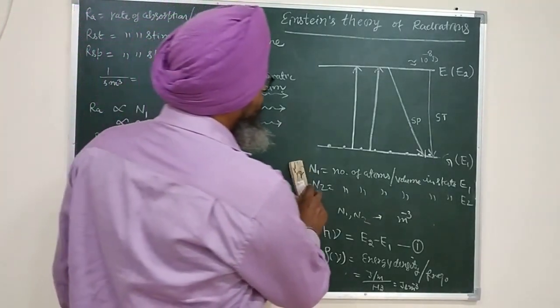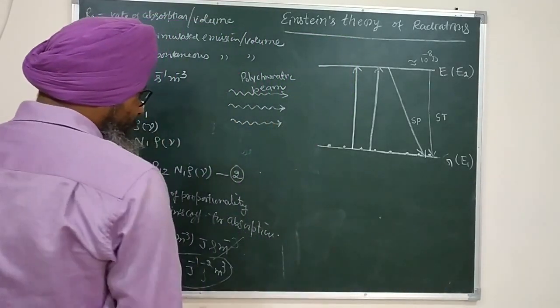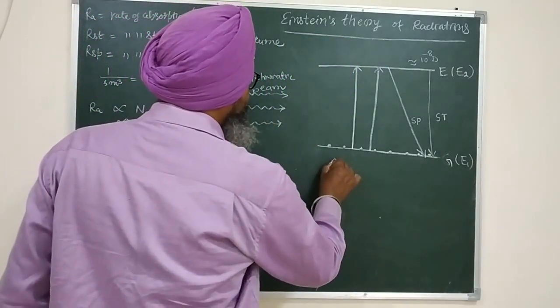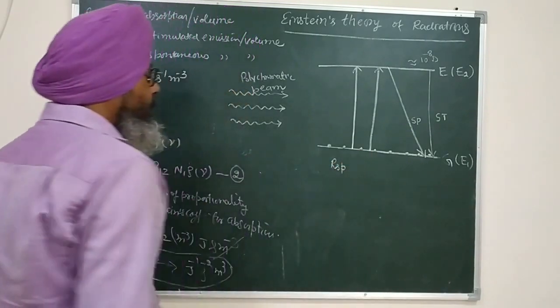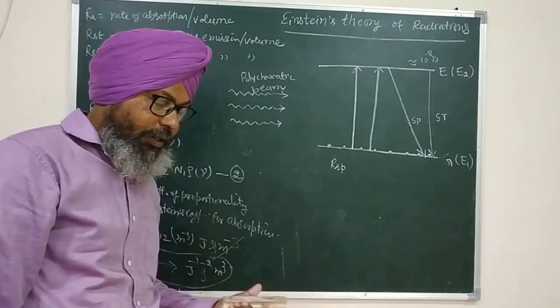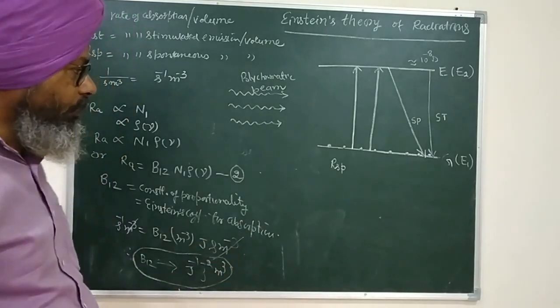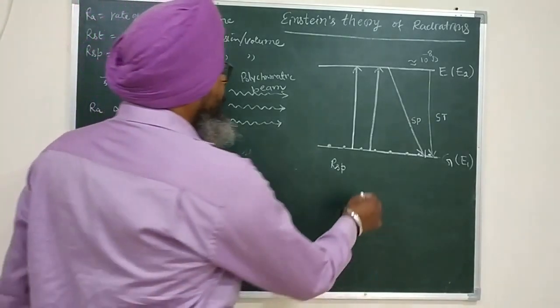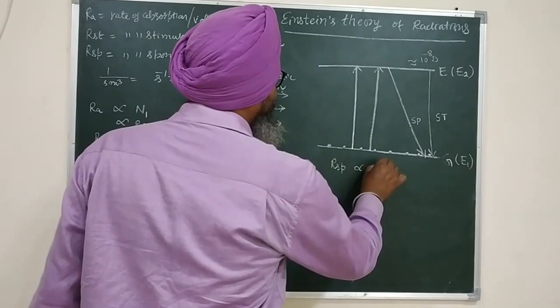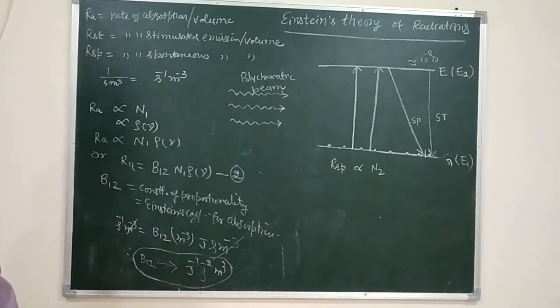According to Einstein, since spontaneous emission is a random process and does not require any external photon to start, it is a function of only the number of atoms in the excited state, nothing else. The more atoms in the excited state, the more spontaneous emission.